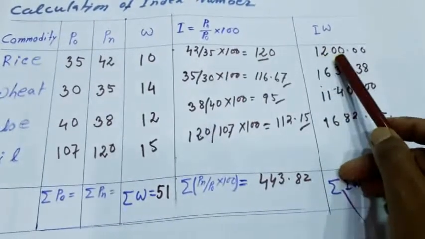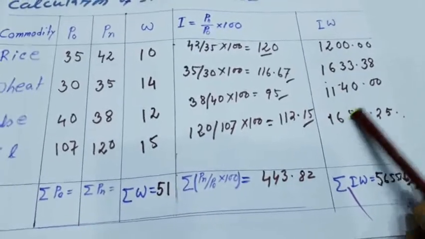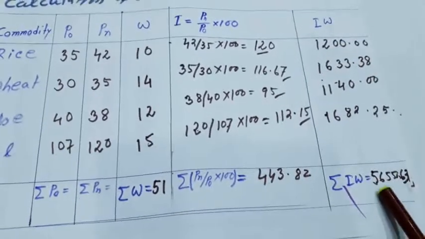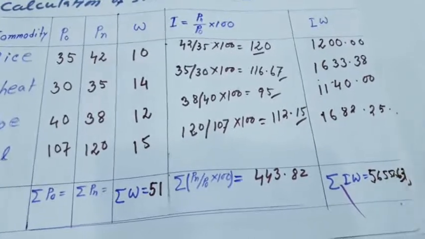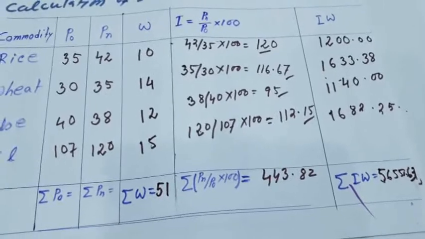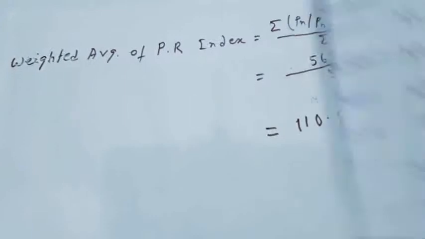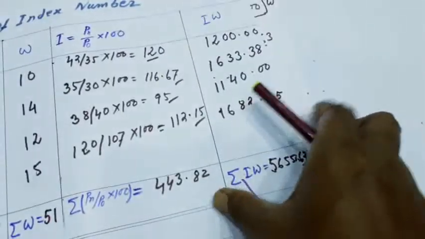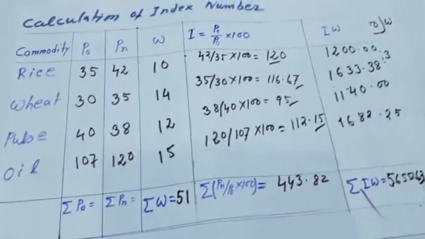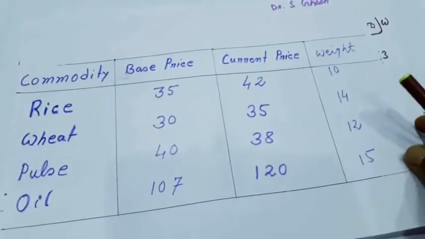I have got this, and in this way we have got all these 4 values, and the sum of the results is this, 5655.63. Okay, and the result is this. And it was the problem.